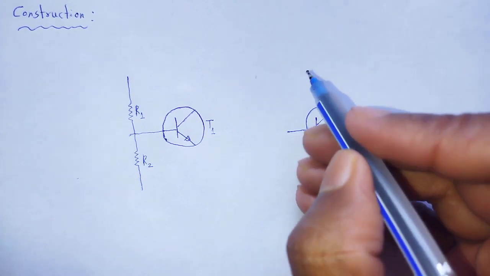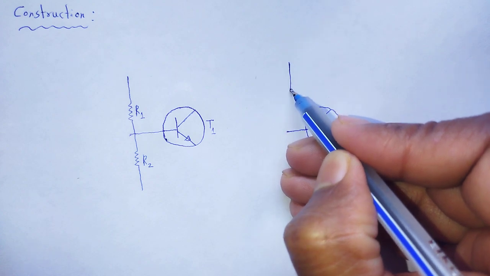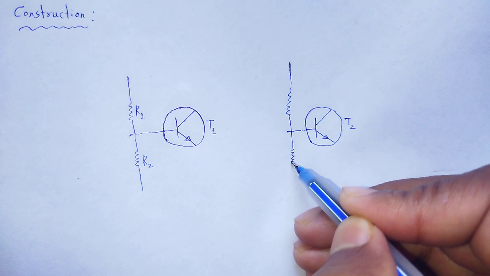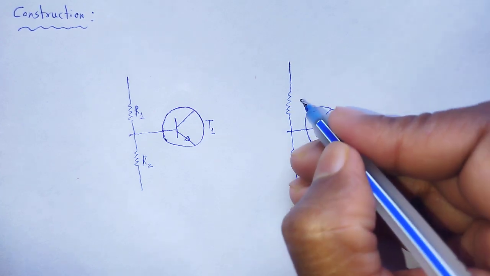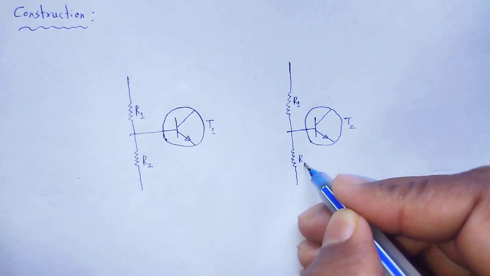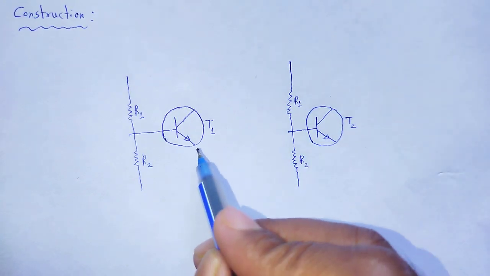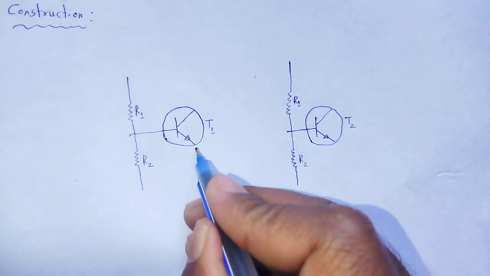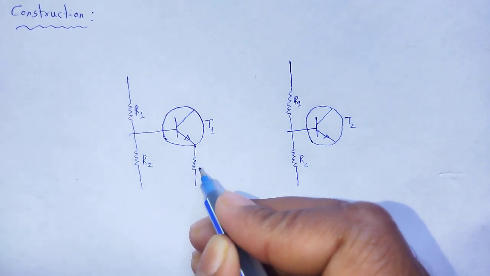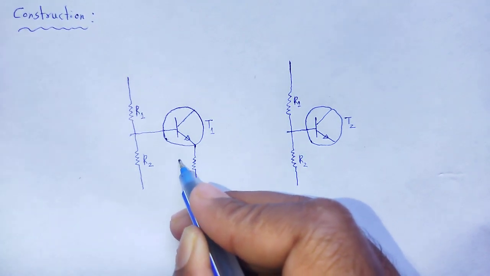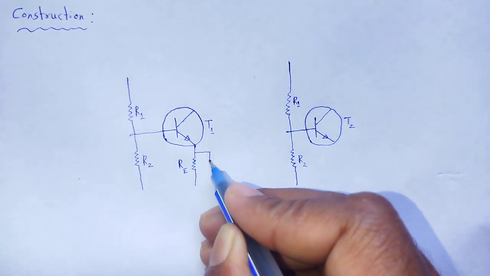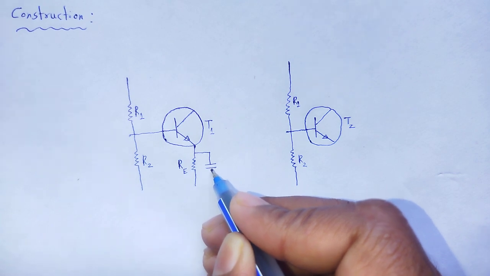Again, R1 and R2. At the emitter, a resistor having resistance Re, the emitter resistance, and a capacitor.